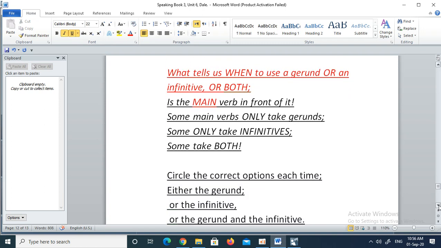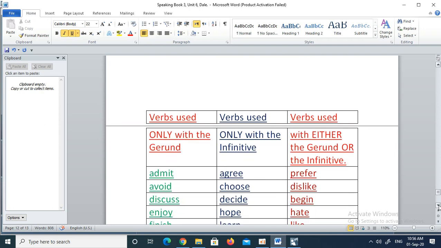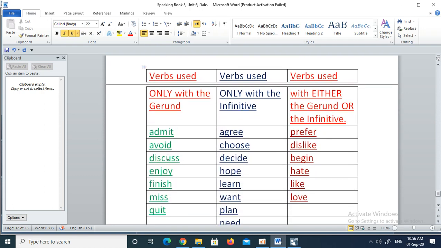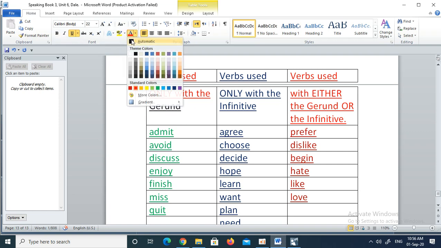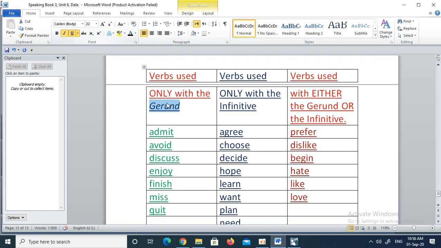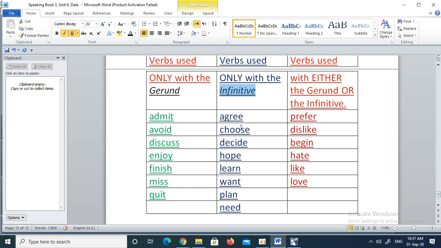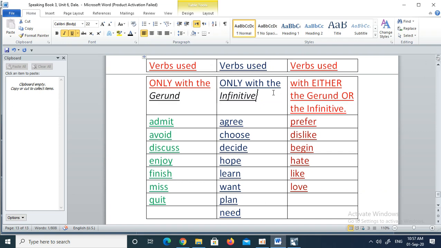So if the main verb is admit, avoid, discuss, enjoy, finish, miss, or quit, that main verb can only take a gerund. If the main verb is agree, choose, decide, hope, want, learn, plan, or need, that main verb can only take an infinitive.